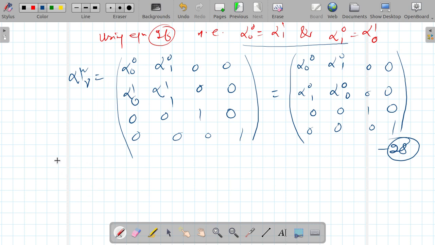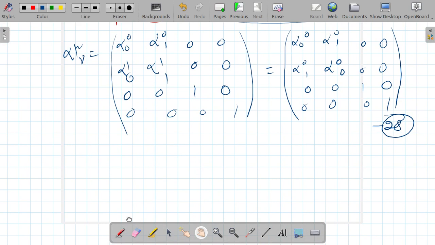Now consider that x mu prime must be equal to alpha mu nu x nu.